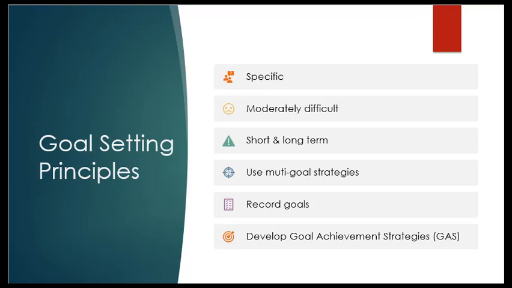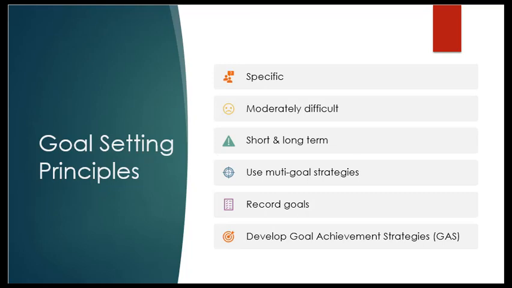It's important that we use multi-goal strategies, and that includes short and long-term goals. That includes outcome, performance, and process goal setting, as well as using different strategies that we'll discuss later in this module. It goes without saying, but we need to record goals. The research indicates that goals that are written down and recorded are 80% more likely to be achieved.